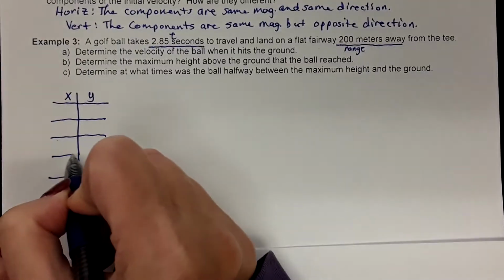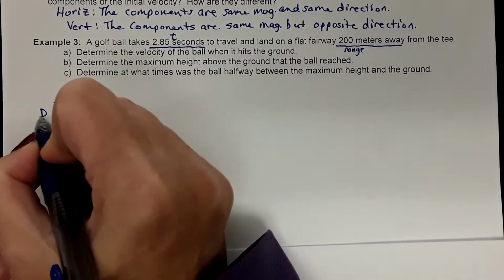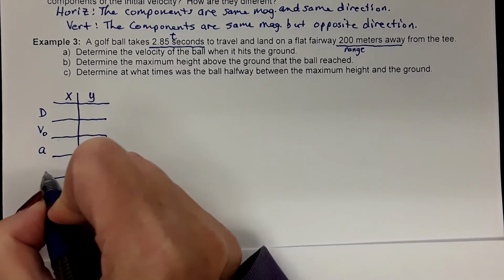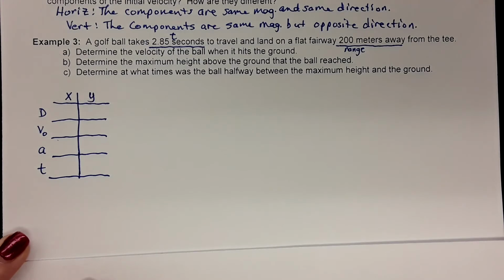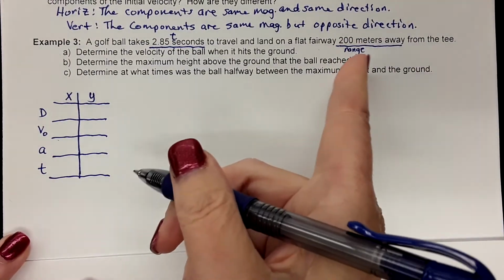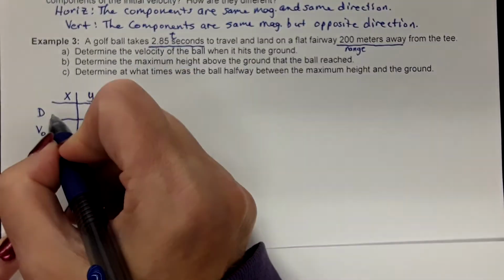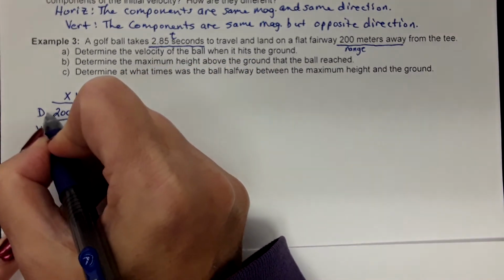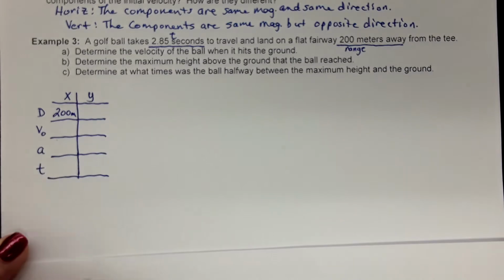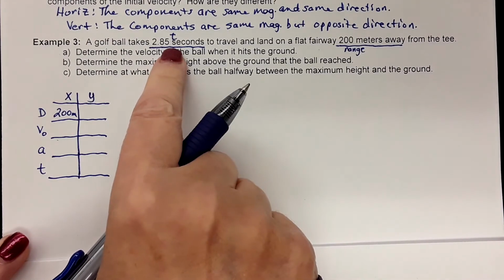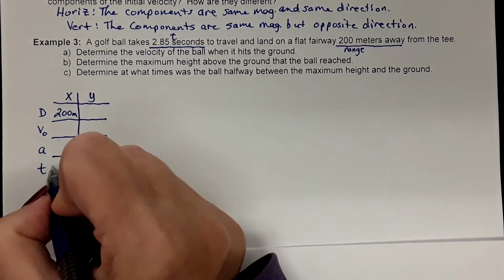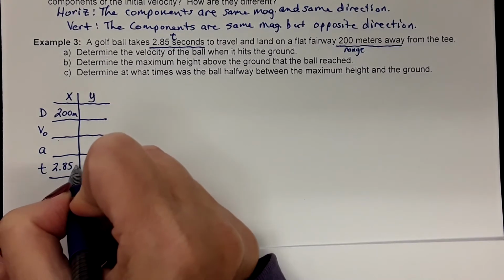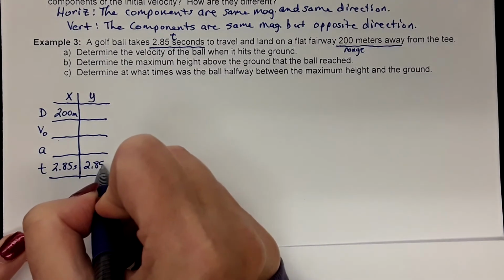D, V sub O, A, T. All right, so here we know the range, start at 0, goes 200 meters. So this would be your distance, or your X sub F. And we also know the time, 2.85 seconds. Well, that's for both motions.